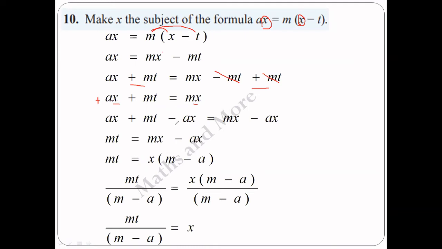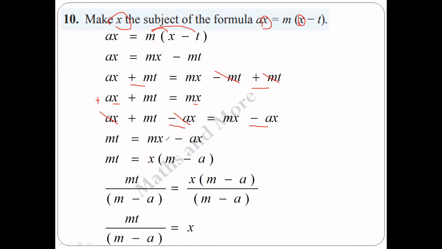So I will put minus x on both left and right. Then I can cancel out this plus x with minus x. Now, in the left hand side, a plus mt is there. In the right hand side, mx minus x is there. Still x is not in one place. X should be the subject. Still x is in two places.